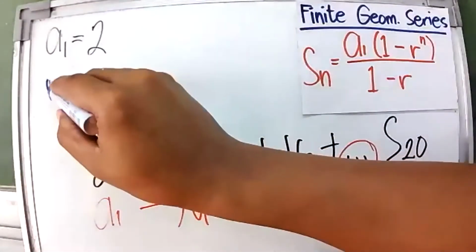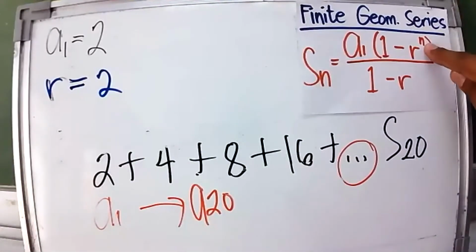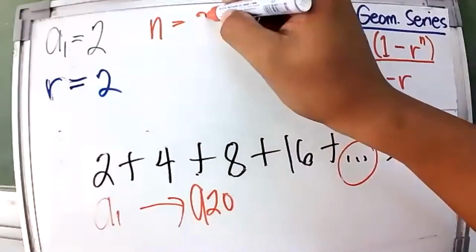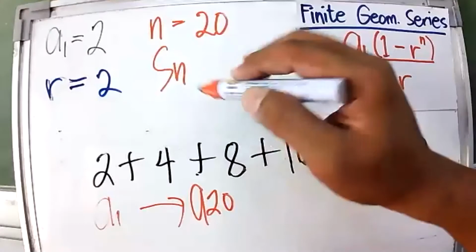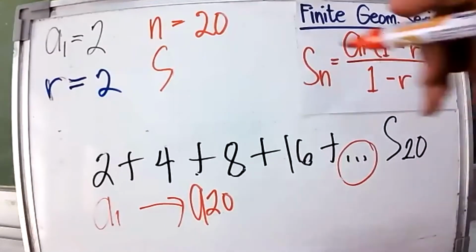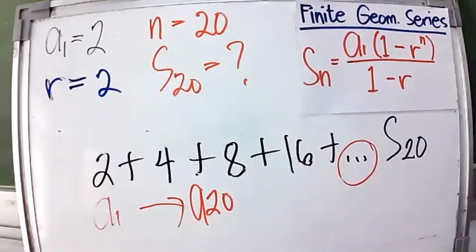It's also 2. So our r is 2. And then we need our n. And our n is what? n is equal to 20. And what are we solving? S sub 20. That's our unknown. Okay?